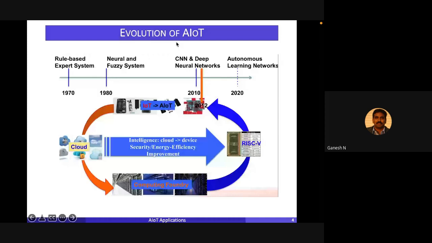And then CNN and deep neural networks. So convolutional neural networks and deep learning, deep neural networks, these are all things applied to GPU kind of devices, to speed up the process and get some kind of result out of that. And then now we are doing autonomous learning networks.